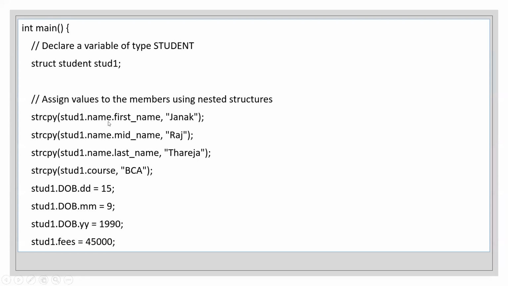For example, stud1.name.first_name is Janak, where name is another structure. We have to take the variable of the main structure, then the nested structure name, then the member. Similarly, stud1.name.mid_name is Raj, and stud1.course is BCA.